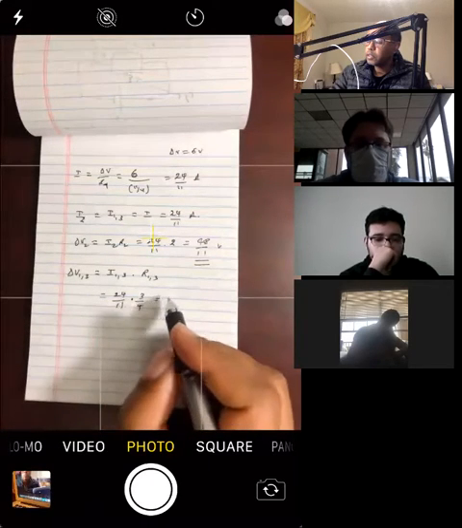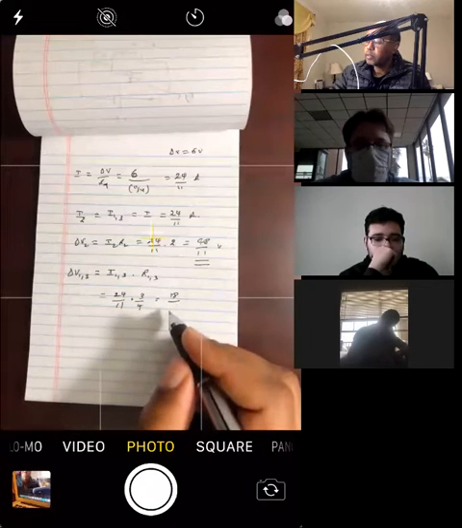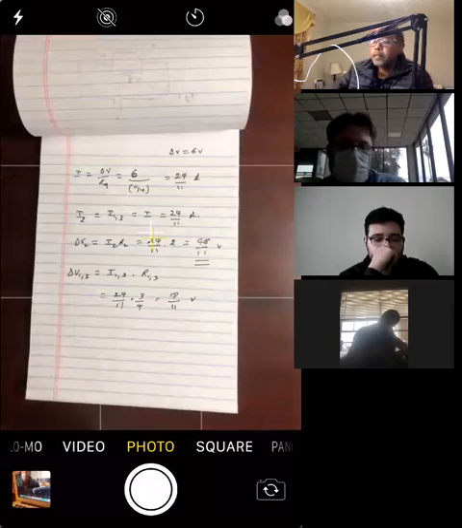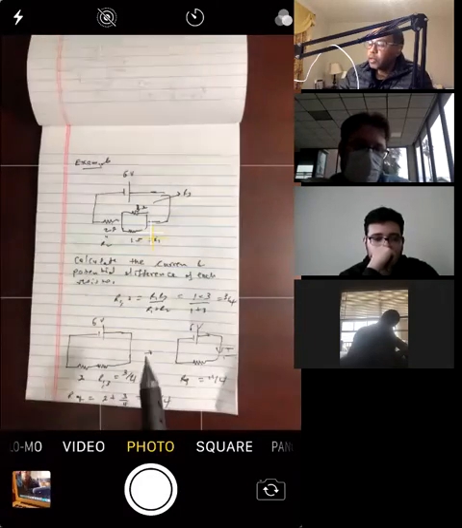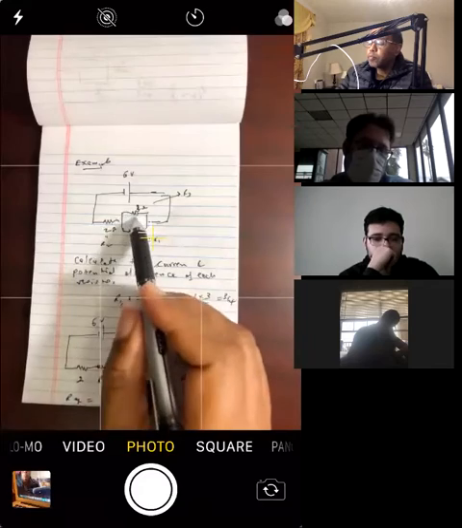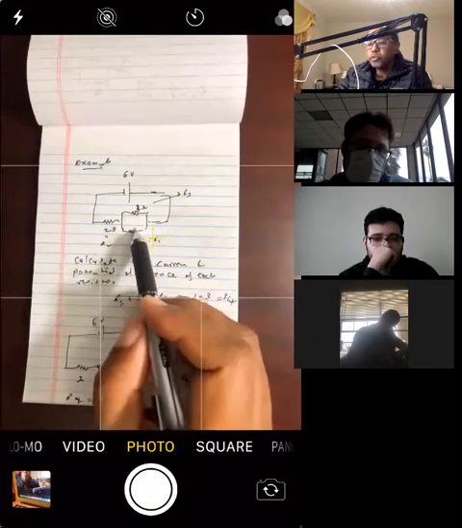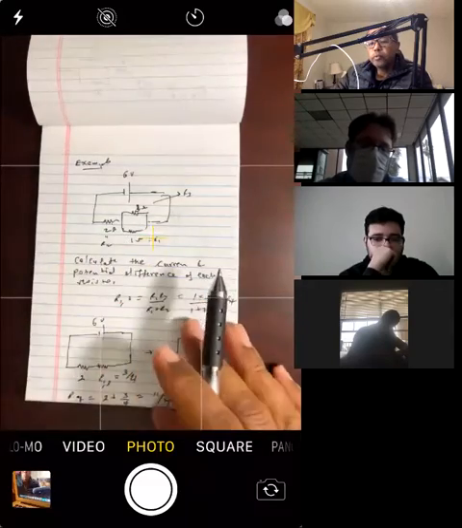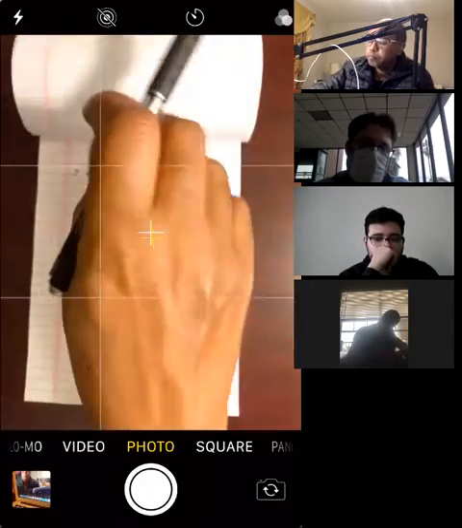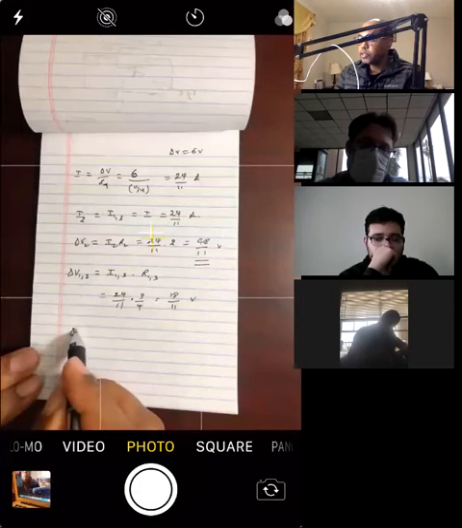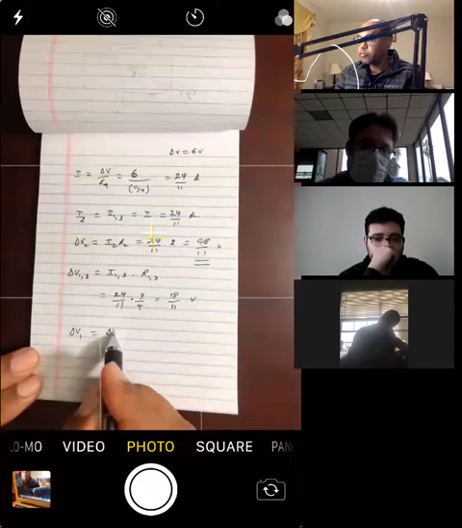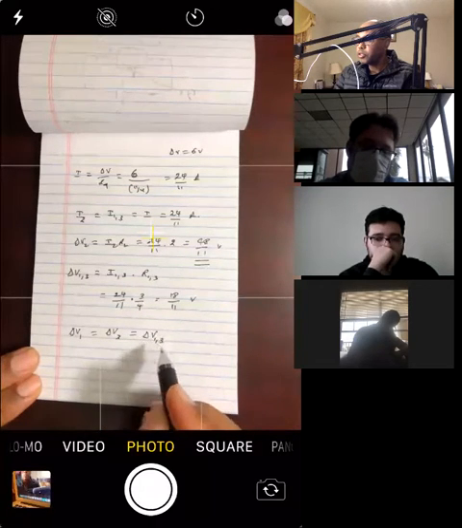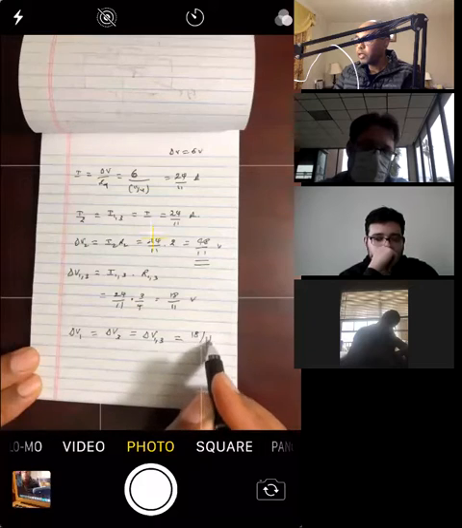So this goes 18 over 11 volts. Okay, now look, this one, R13 over here, is the combination of these two, the parallel combination of these two. So the potential difference across this one and these two are the same. Okay, so we go back, we say the potential difference across 1 equals the potential difference across 3 equals the potential difference across their combination equals 18 over 11.